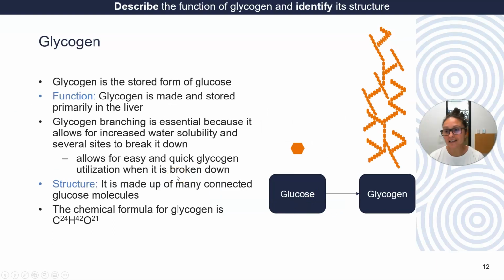Let's have a look at another example of a carbohydrate. This time we're looking at glycogen. Look at glycogen. This is a glucose molecule. Glycogen is just a whole bunch of glucose molecules stuck together. Okay? And so we store glucose in the form of glycogen.